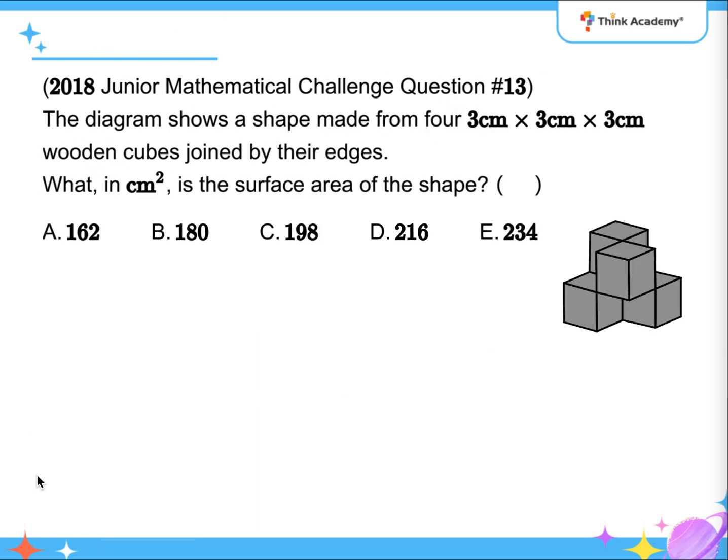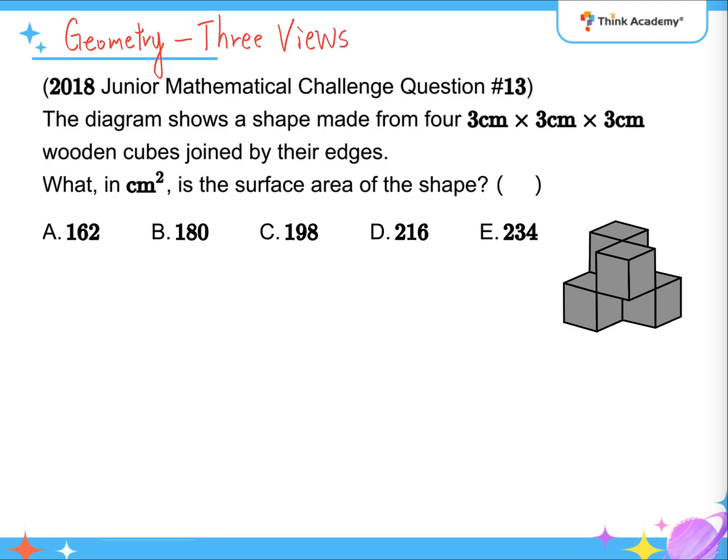And as for question number 13, well, there are two ways to solve it. The first way is we can just look at it at the different views. So we can solve it as a 3 views problem.